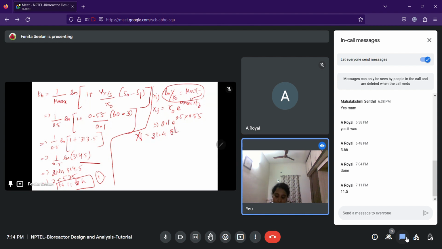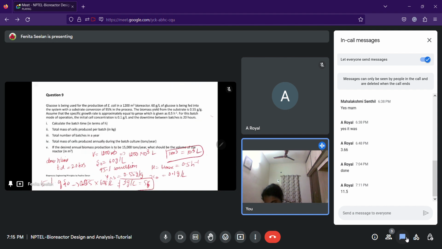So now we found the final concentration of our biomass, but what was asked was the total mass, not the concentration. And we know the volume we have calculated. The volume was given in terms of meter cube, and we have calculated it in terms of liters.